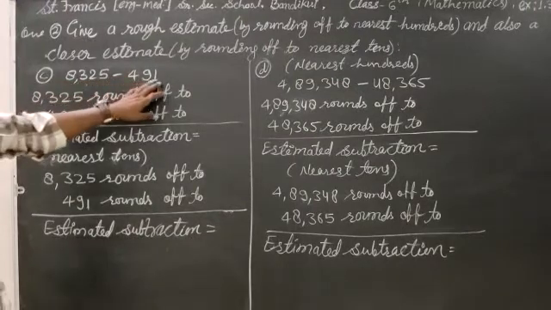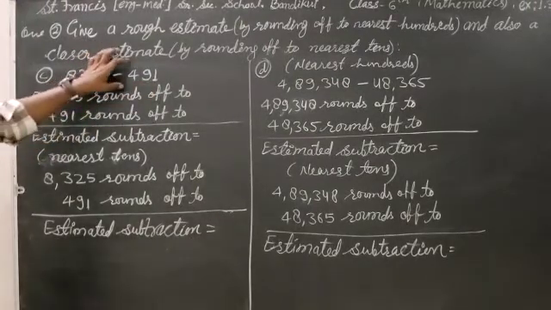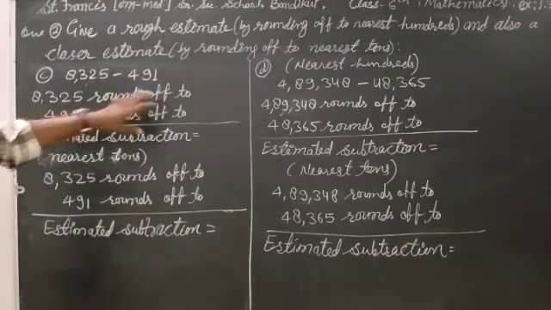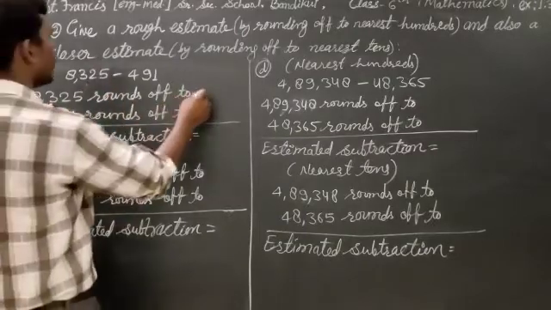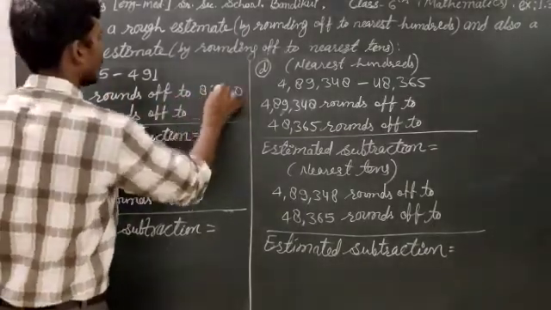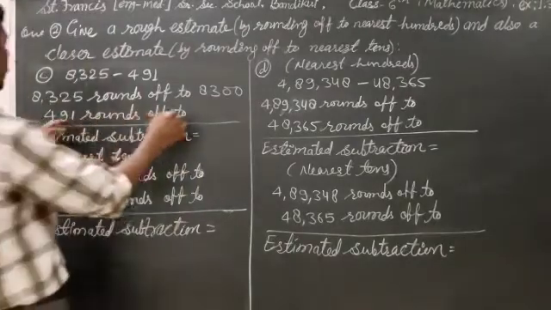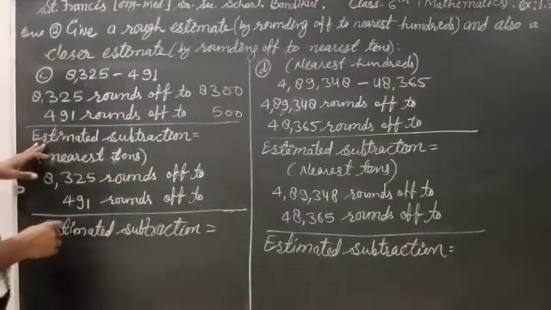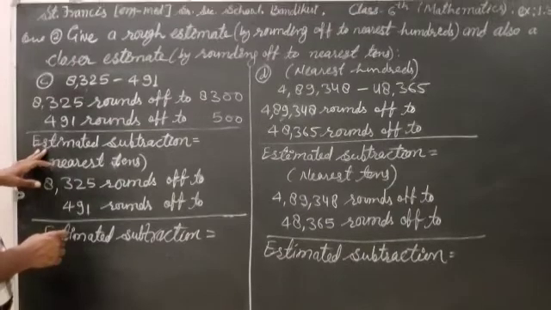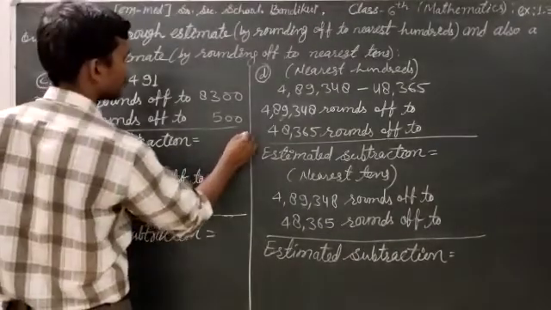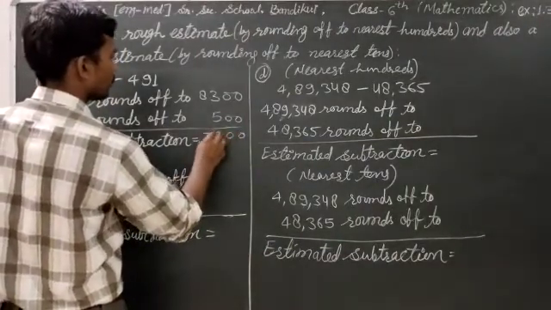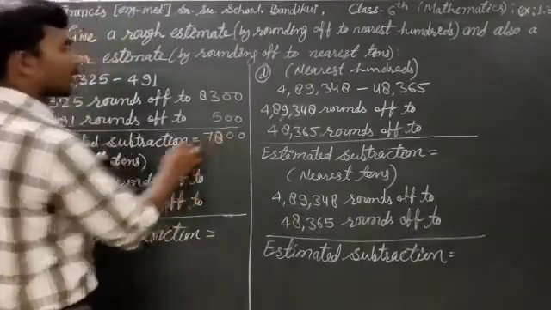8,325 minus 491, estimated to the nearest 100. 8,325 rounds off to 8,300, and 491 rounds off to 500. The subtraction will be 7,800.